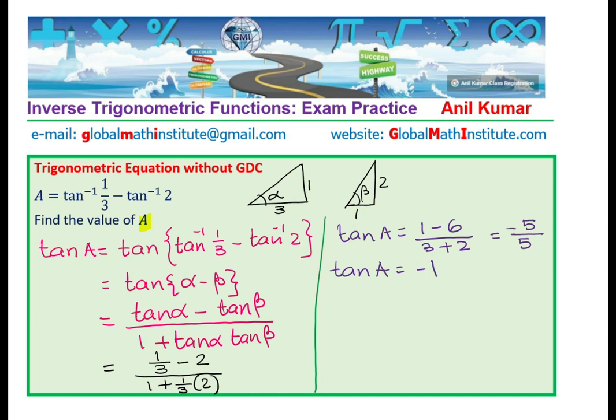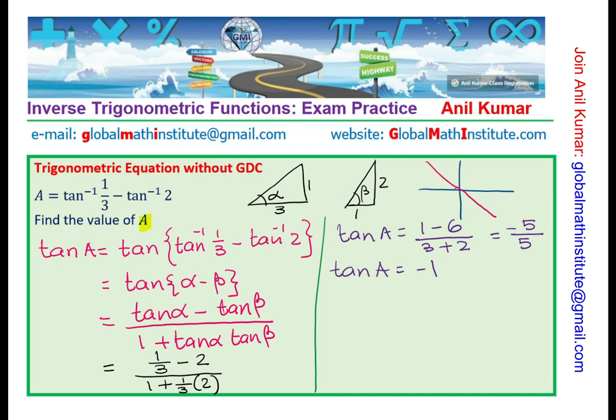Now tan A being negative 1, inverse of tan A is in quadrant 3 and 4, right? Using the CAST rule, we get our solution, which is this, correct? So we have two solutions for tan A equals minus 1.